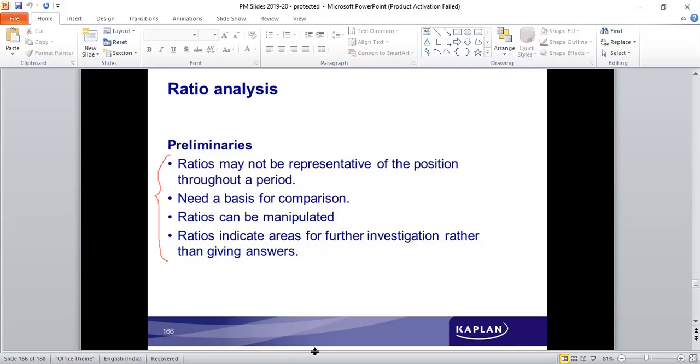Next, ratios need a basis for comparison. In themselves, they do not mean anything. If they are used on a comparative note, then that makes some sense.